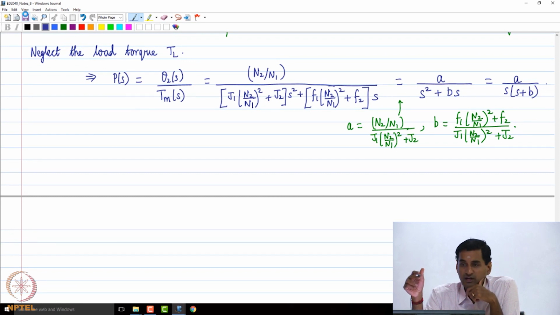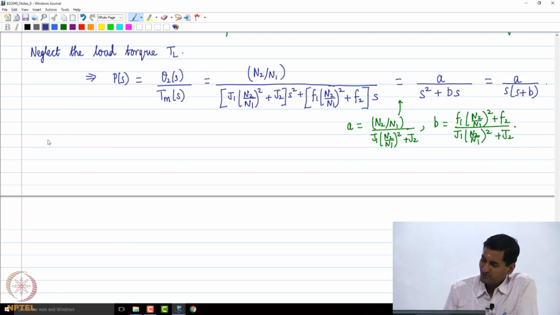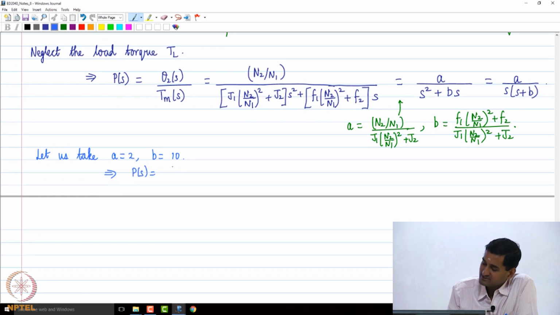Okay. So, now the question is, what do we do, right. Once again for the sake of simplicity, let us work with some numbers rather than parameters. Let us say we take A to be 2, B to be 10. So, this implies that the plant transfer function is, let us say, 2 divided by S times (S plus 10).